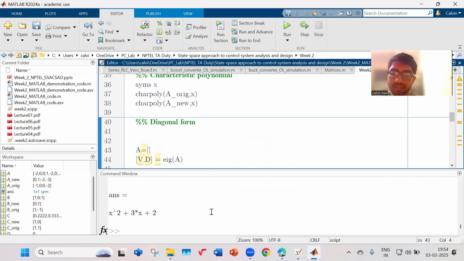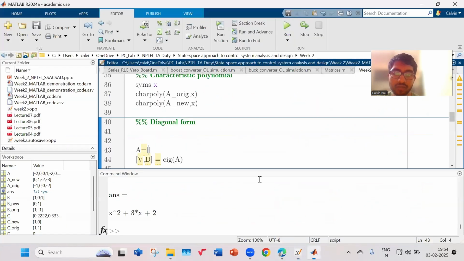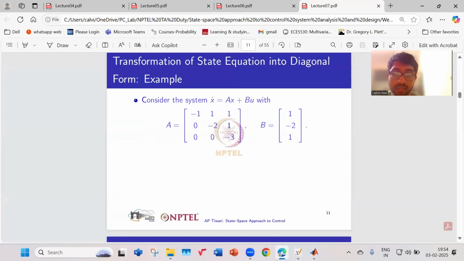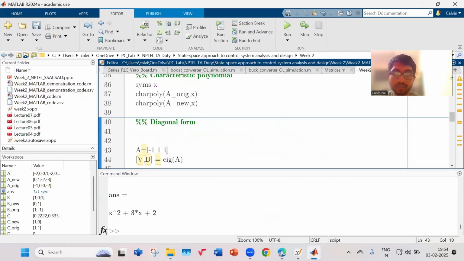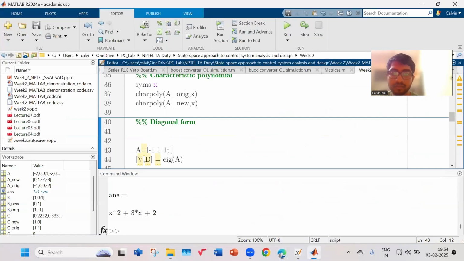The A matrix originally which we had was minus 1 1 1, 0 minus 2 1, and 0 0 3. Okay, so that's the A matrix.